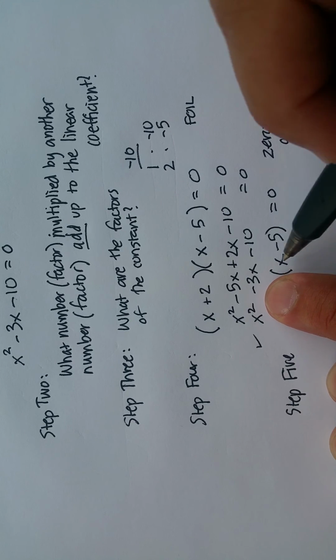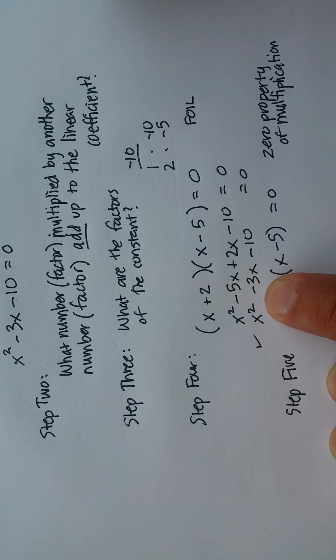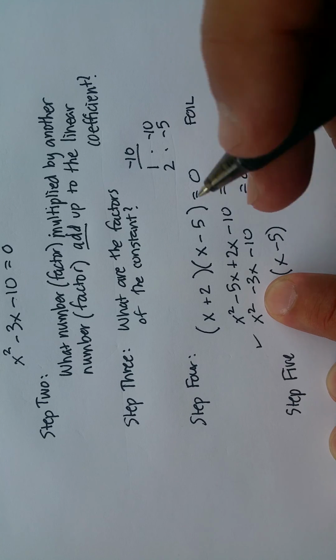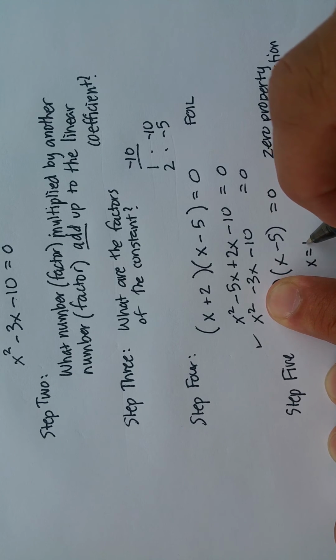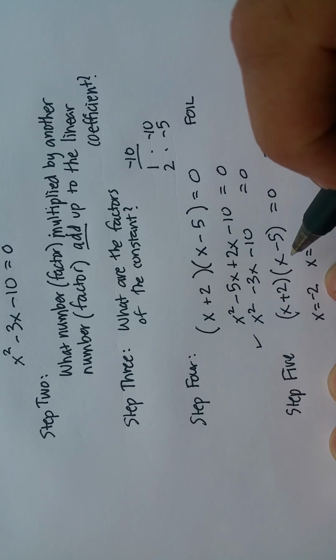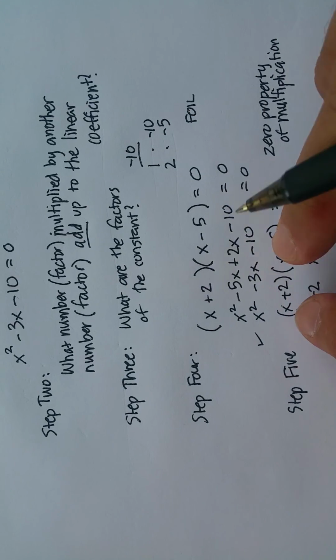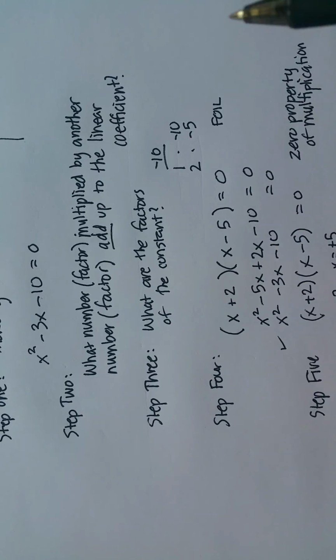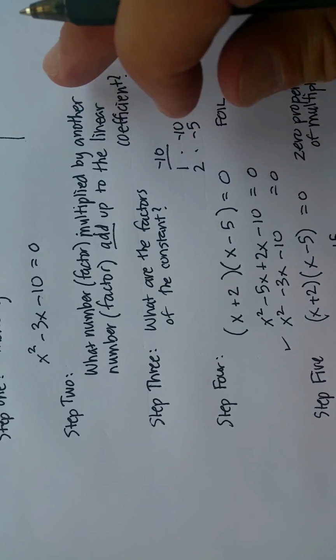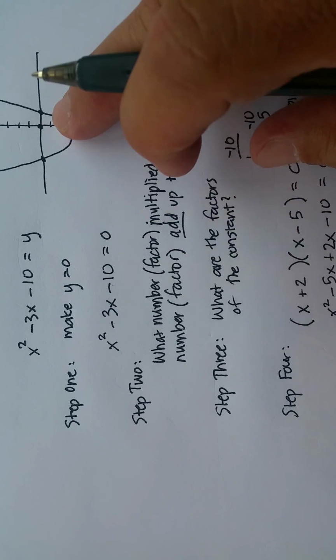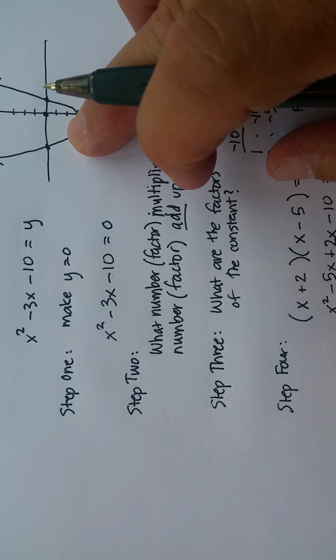Now let's flip it to this other side. What's going to make this equal to 0? Positive 5, isn't it? So let's go with 5 minus 5 is 0. 5 plus 2 is positive 7. 7 times 0, again, is 0. Here are my two possible x's that will solve this equation.